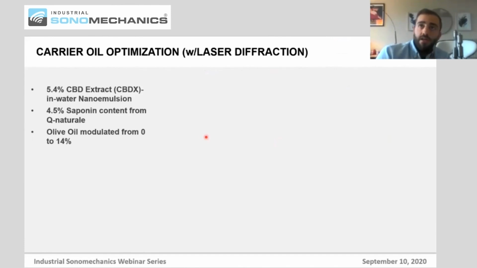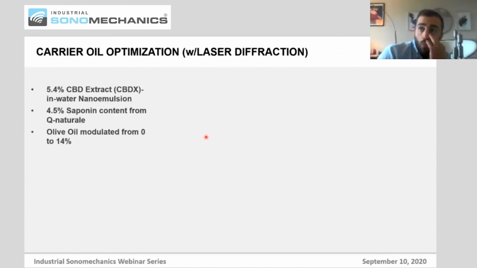The nanoemulsions here contained 5.4% CBD extract, 4.5% saponin content from Q Naturale, which is a possibly organic surfactant. And we modulated carrier oil, olive oil in this case, from 0 to 14%.